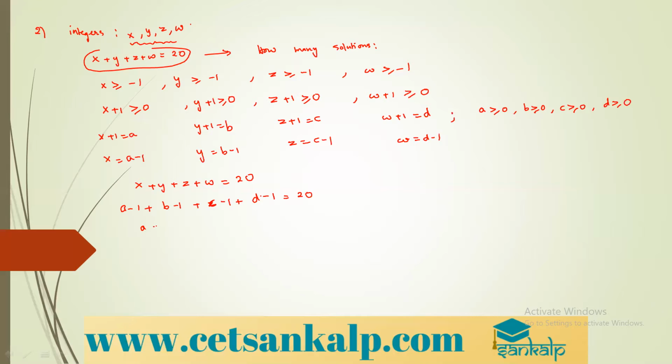From this I can say A plus B plus C plus D is 24. Suppose this 24 I will take as n. Then I have an equation A plus B plus C plus D equal to n.